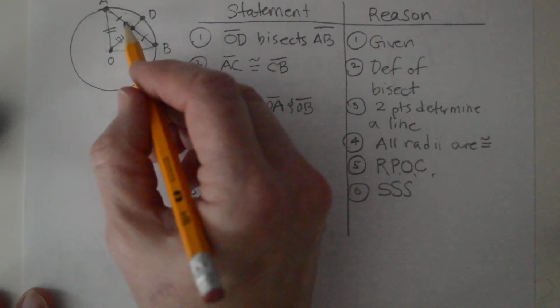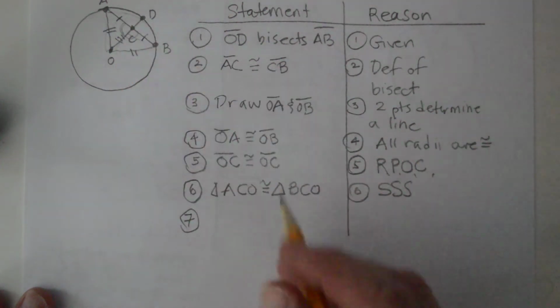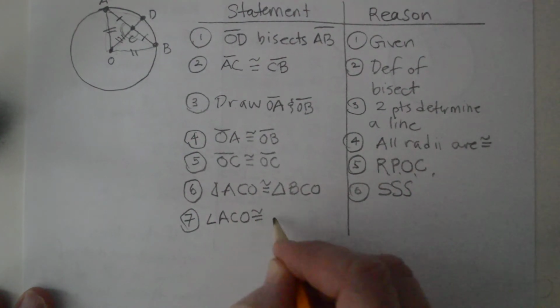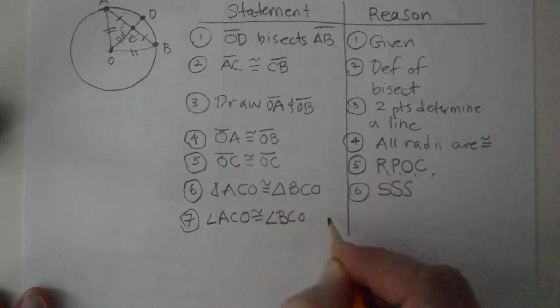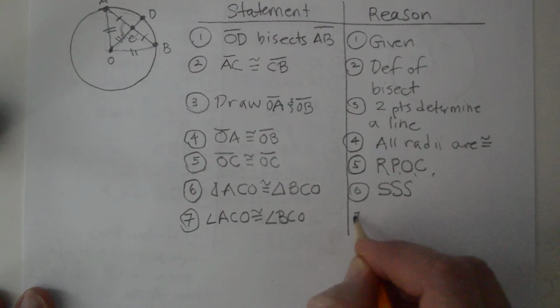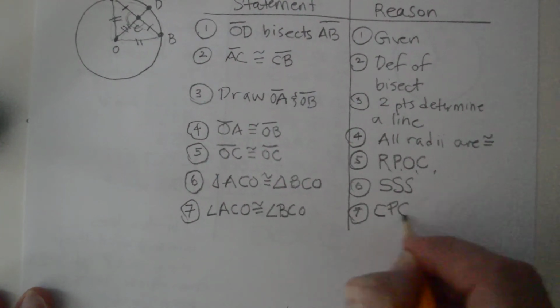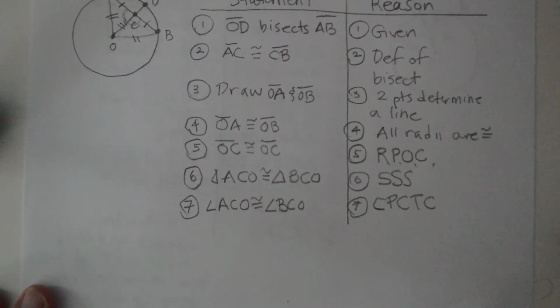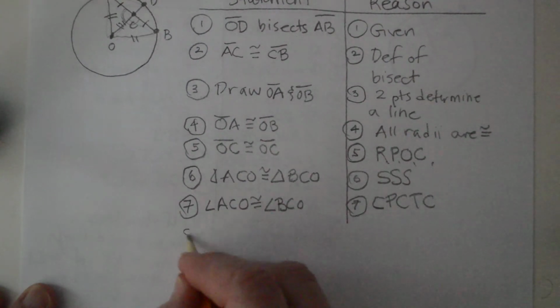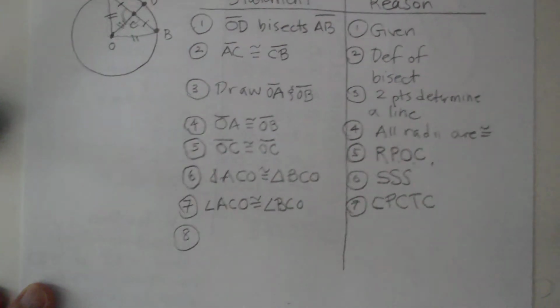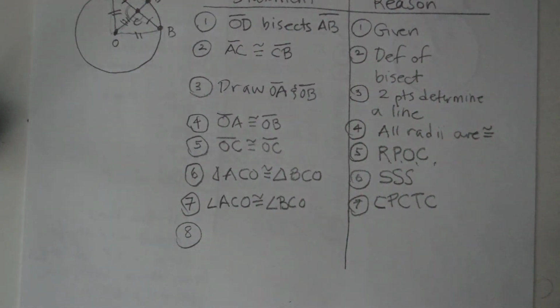So I'm going to say that these 2 angles right in here, ACO and BCO, are congruent. Reason, CPCTC, corresponding parts of congruent triangles are congruent. All right, number 8.